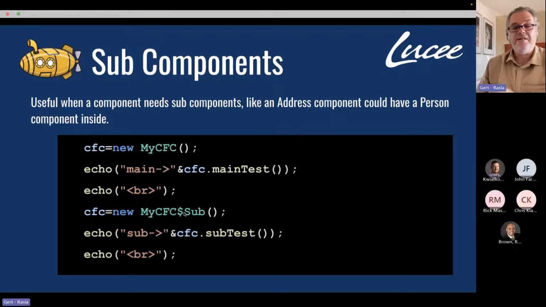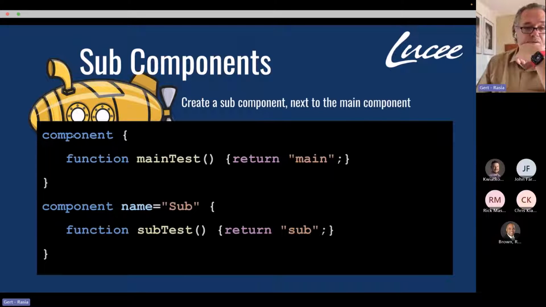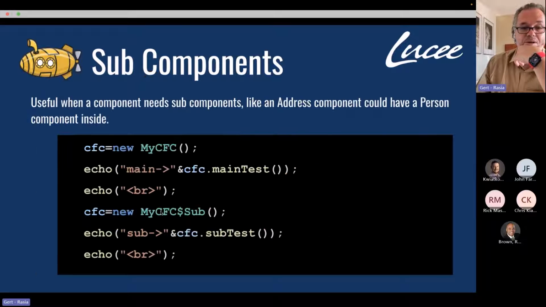So using the $ sign is allowing you to address the subcomponent of my CFC, right? Let me know if this doesn't make sense. This instantiates the main CFC, so this one, and inside that you have a component named sub, and by using $sub, you're instantiating the subcomponent.